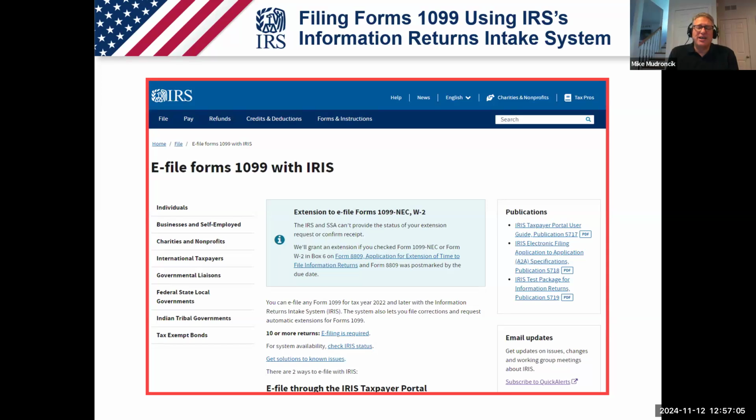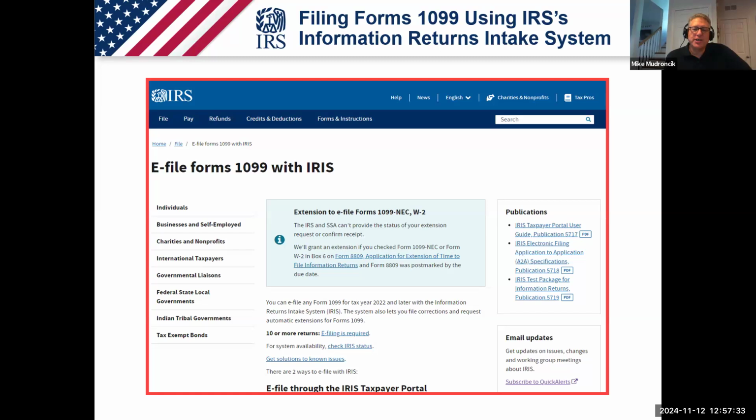In addition, that 1099-DIV is being reported to the IRS as well. So there are a number of Forms 1099 you can file, and you can file with the IRIS system. You can also use this system as well. IRIS stands for Information Returns Intake System. I should have that down by now.